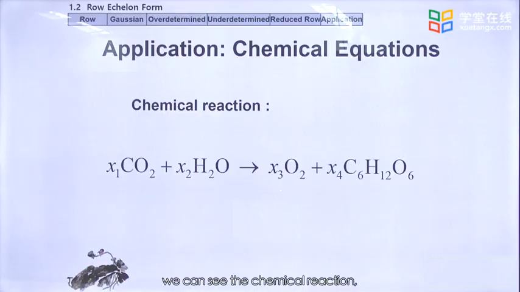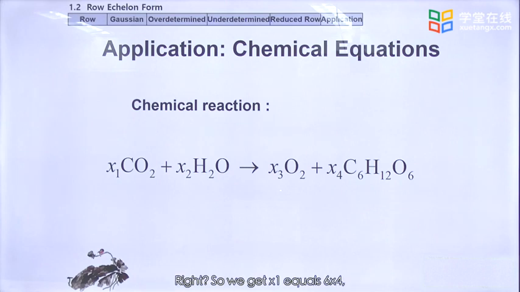Now we consider applications. First, we consider chemical reaction. So carbon dioxide plus water can obtain oxygen plus glucose, so in this case. And for this equilibrium, you will find a homogeneous linear system, right?